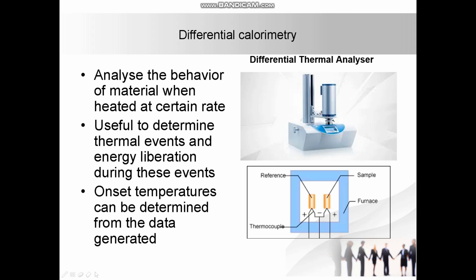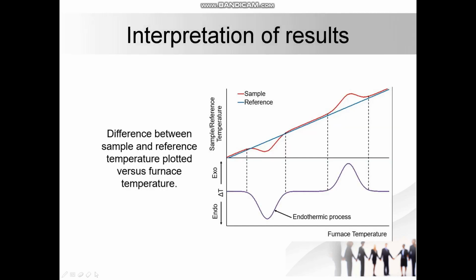In this technique, a reference material is placed with a sample inside a furnace and it is heated by means of a thermocouple. Now we know that the reference will be linearly rising in temperature and the sample should follow unless there is a thermal event in the sample. If you can see the graph, the red line indicates the sample temperature, whereas the blue line indicates the reference temperature.